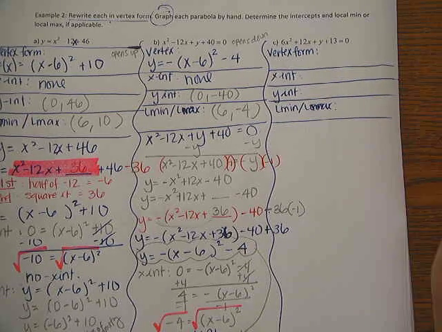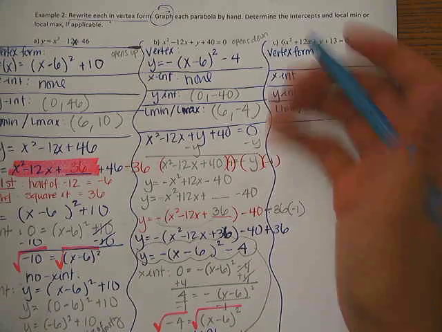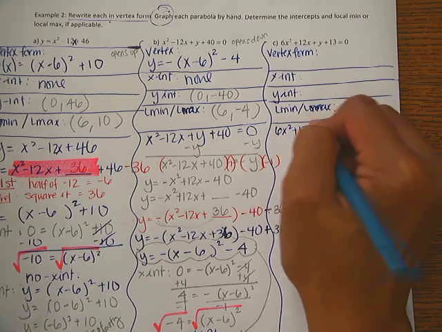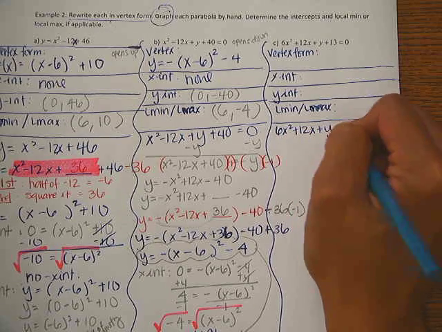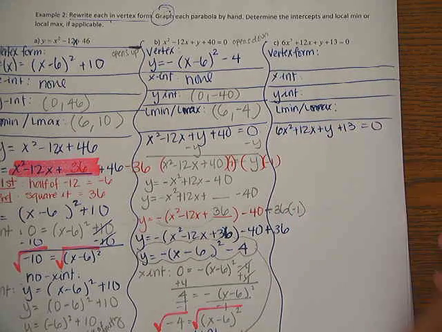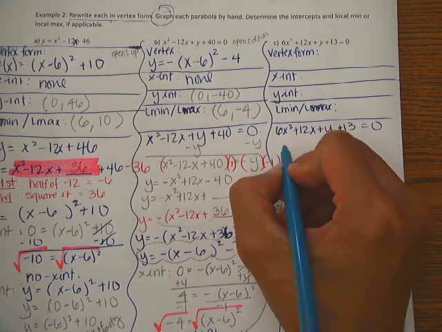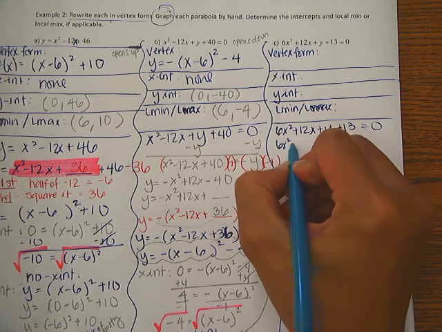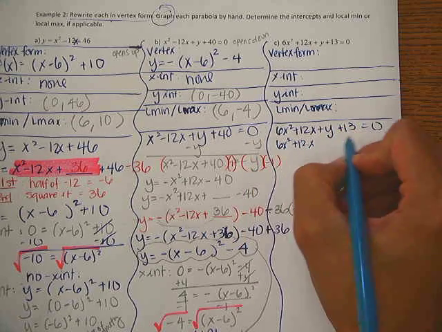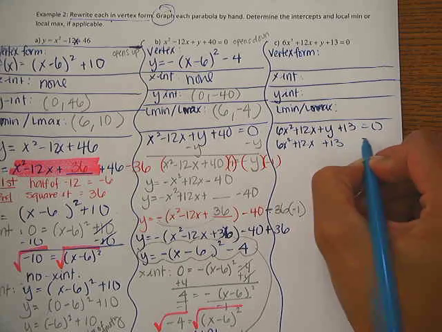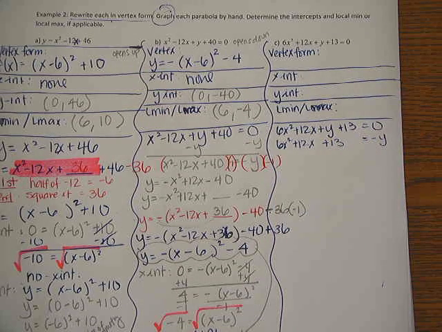All right, so let's write the question back. Okay, 6x squared plus 12x plus y plus 13 equals 0. And again, I'm going to have to get y by itself, so we are going to move the y over here. So positive 6x squared plus 12x. Move this over, so now I have a positive 13 equals a negative y. Okay.